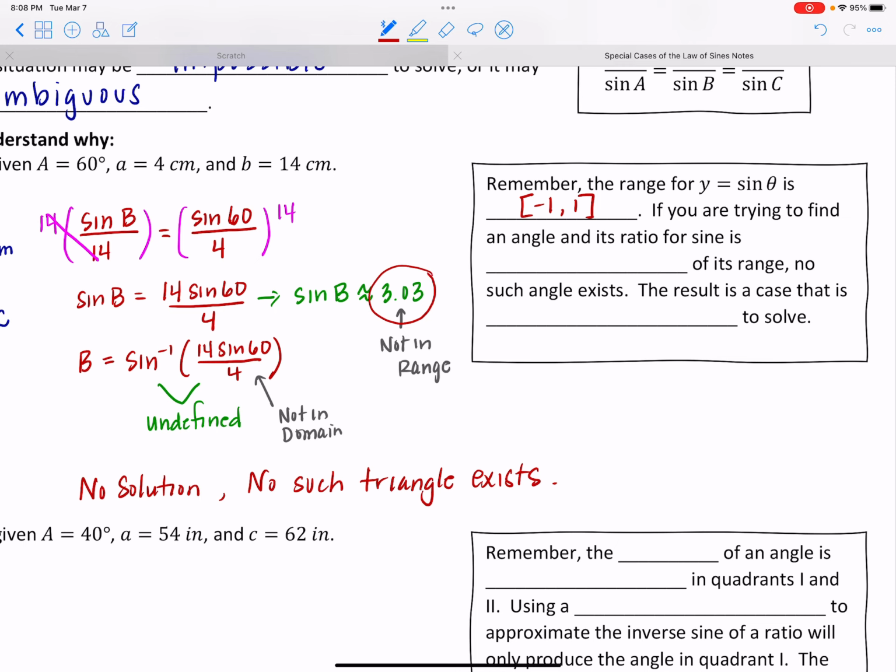If you're trying to find an angle and its ratio for sine, which ended up being our 3.03, if that is outside of its range, either above it, greater than it, or below it, less than it, then no such angle exists. And the result is a case, a problem, that is impossible to solve. And that would be nice, because then your work just stops.